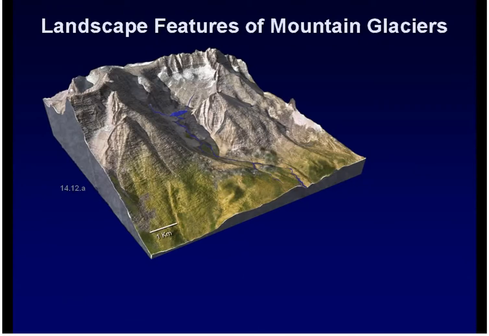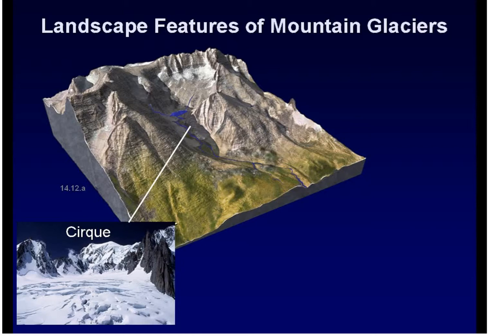Some further landscape features of mountain glaciers, and this goes a little bit further from the previous lecture when we were talking about evidence of glaciers in the landscape as well. The first of these is the cirque, and perhaps this line here should be indicating a bit further up into this bowl shape.